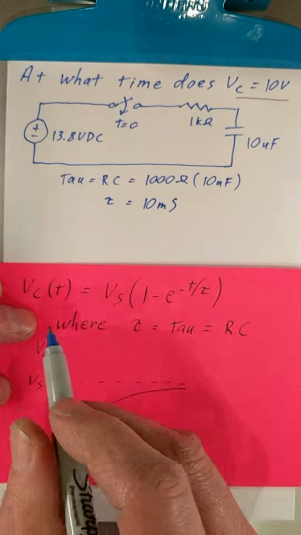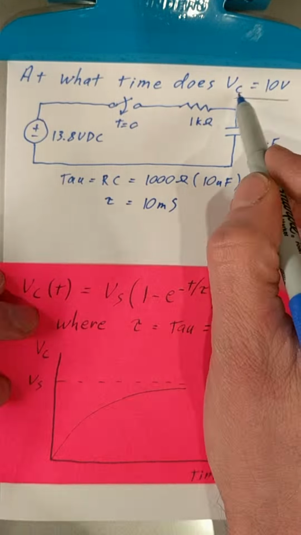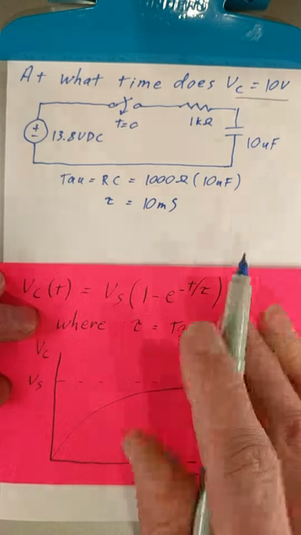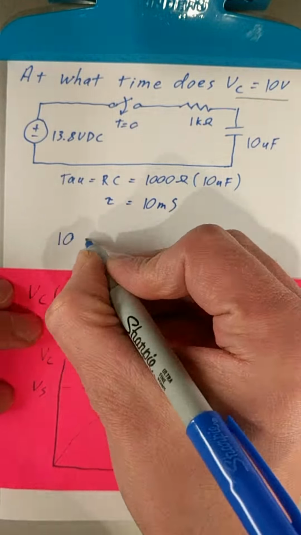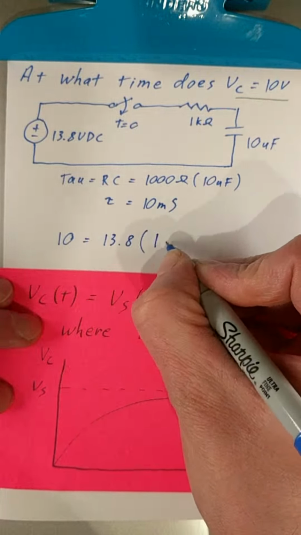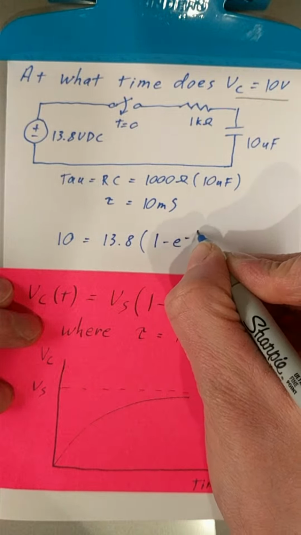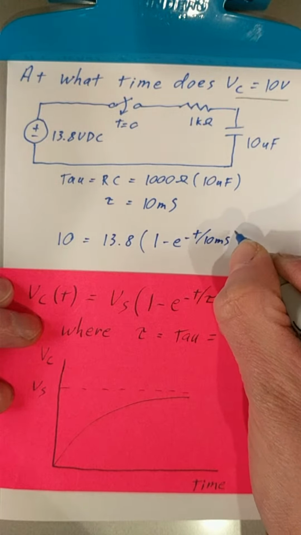From there, we need to set up our equation right from our note card, again solving for voltage of the capacitor as 10 volts. So 10 is equal to 13.8 multiplied by 1 minus e to the negative t over 10 milliseconds.